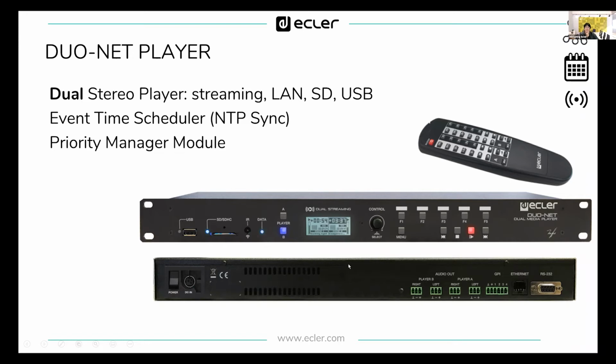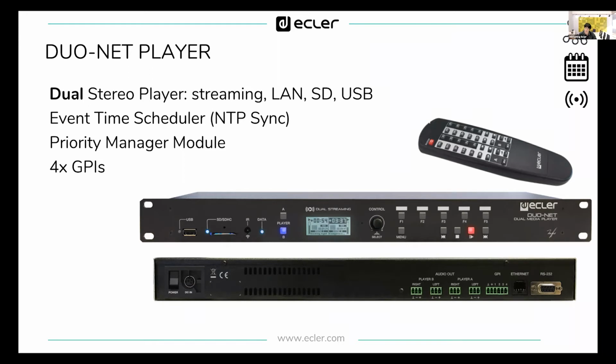GPIs are usually used for activating the priority modules. So when a system alarms, you connect a dry contact from an alarm system to the DuoNet, and once this contact gets active, the DuoNet starts playing an emergency message, for example.